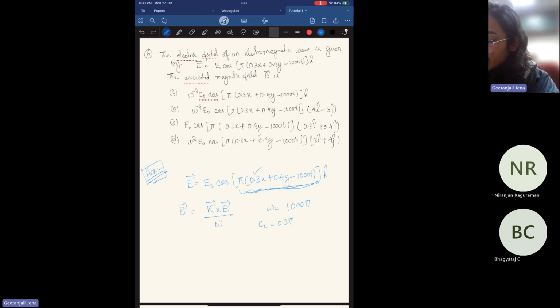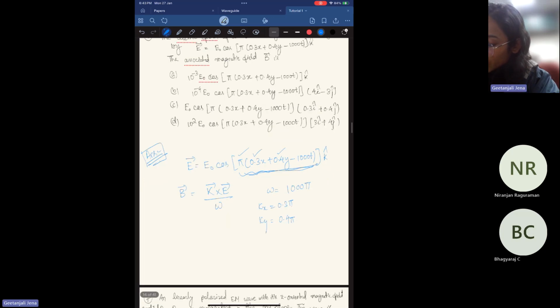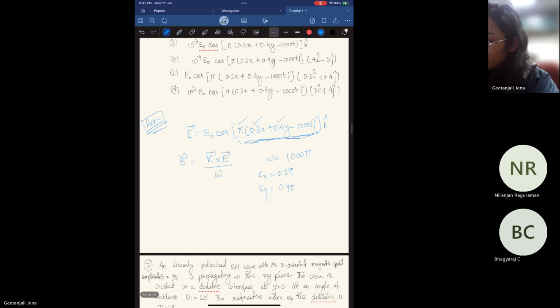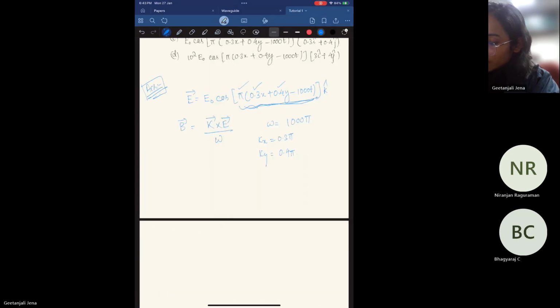And coefficient of y is 0.4 pi, so Ky is 0.4 pi. So the K vector now we have is Kx i cap plus Ky j cap, which is 0.3 pi i cap plus 0.4 pi j cap.